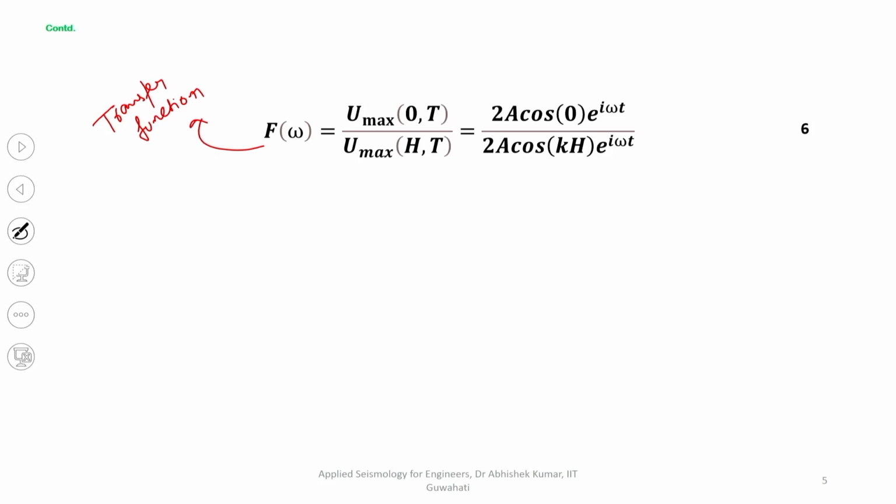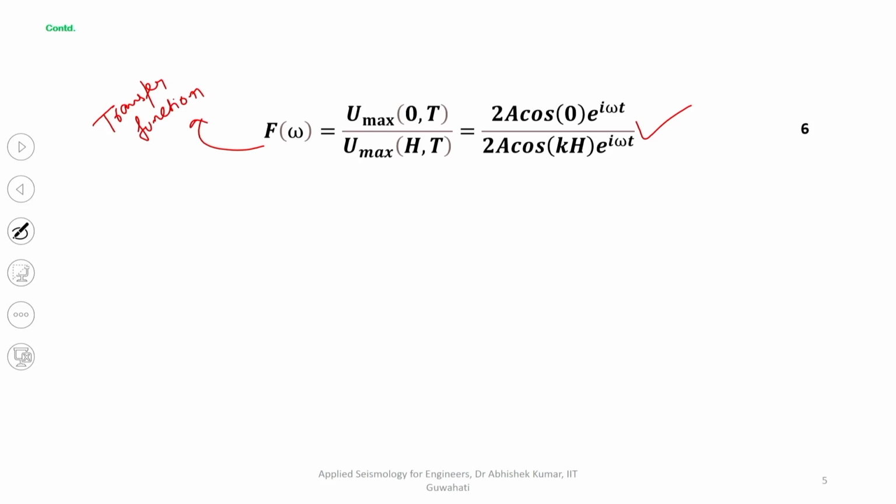So, the right hand side of this particular equation, equation 6, is going to define the ratio of displacements at the same moment of time between the ground surface or the top of that particular soil layer and the bottom of that particular soil layer. In other words, I am interested to find out how much the displacement at the top of this soil layer will be if I know the displacement at the bottom of that soil layer based on recorded ground motion.